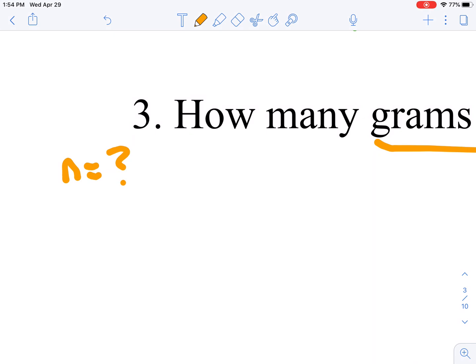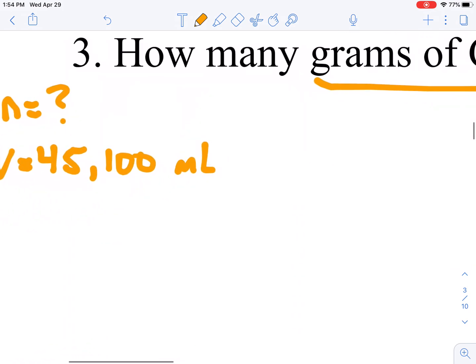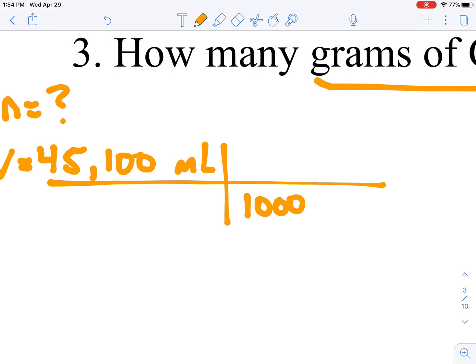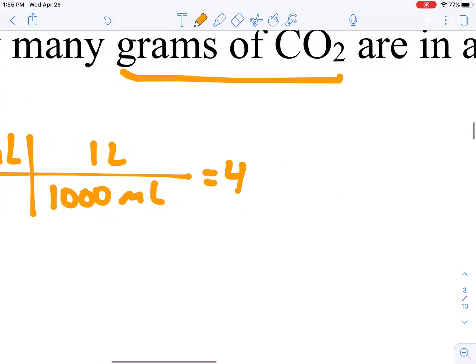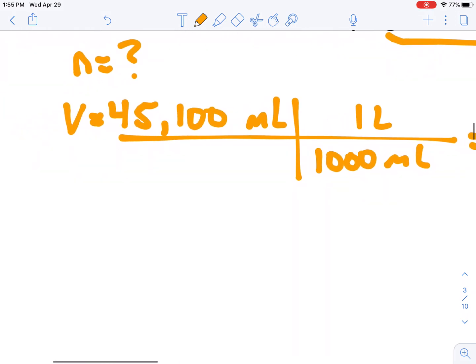There's a volume that's given, and the volume given is 45,100 milliliters. If you're thinking ahead, all those R values have liters as a unit, so let's take care of that right now. We know that milliliters won't cancel with our R values, so we will need 1,000 milliliters in 1 liter, and we really have 45.1 liters, and that will cancel with our R values, so that's good.